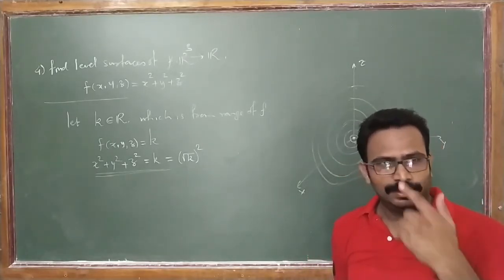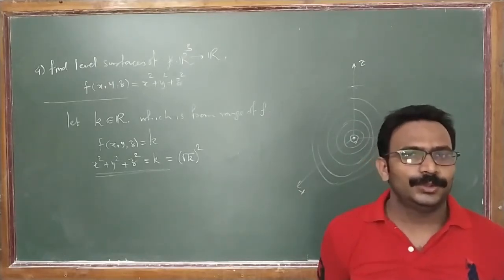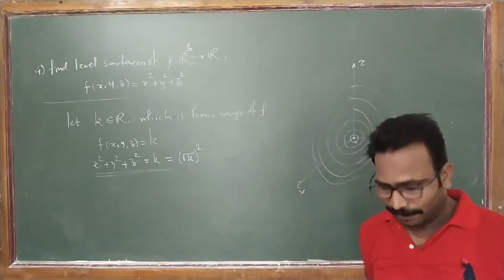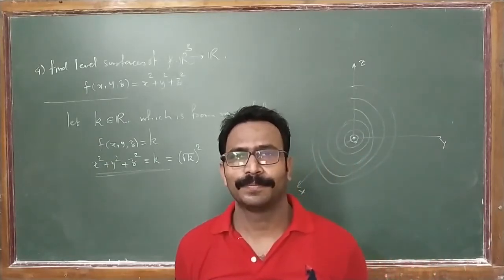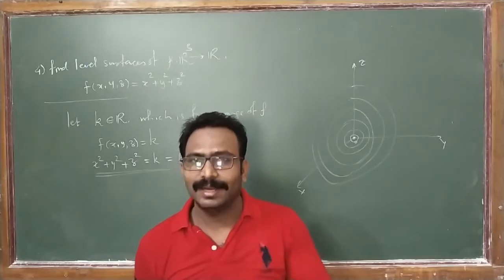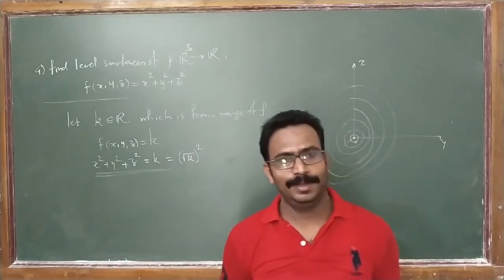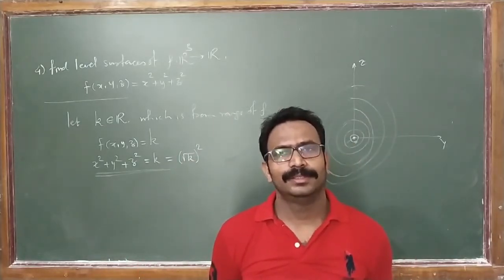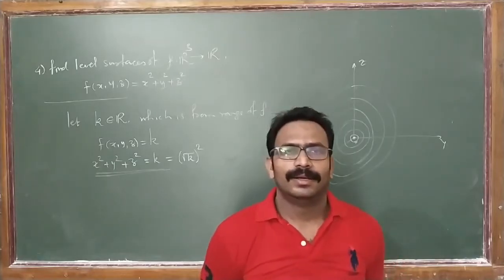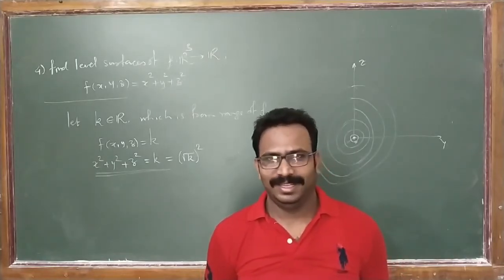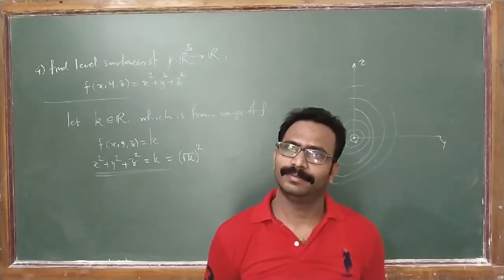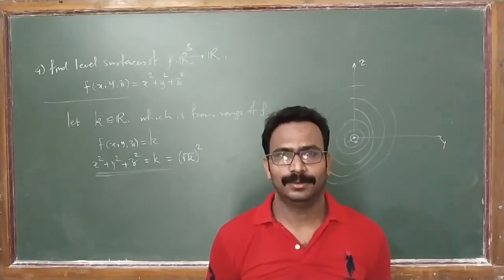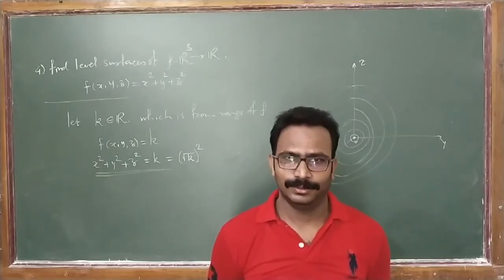So I have plotted some graphs to show you. There are functions which are very difficult to write, but their graphs are so beautiful, and you can also try at home on a mobile or computer. Just go to Google and search for plot 3D graph or 3D drawing. You can enter the function and see how the graph looks.